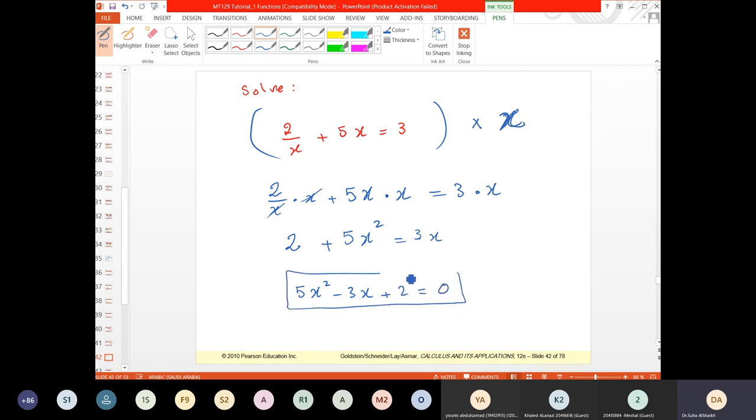Now it's a second degree equation that can be solved. The 5x squared is making things not nice, so I can solve this with a equal to 5, b equal to minus 3, and c equal to 2. As a practice for you, I want you to solve it and get the value of x. Got it?